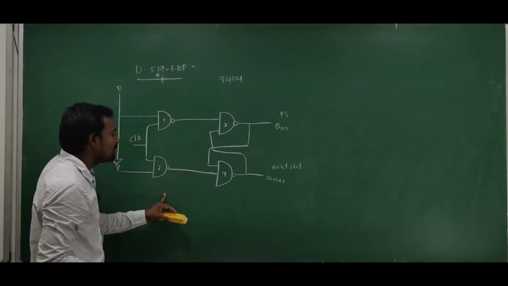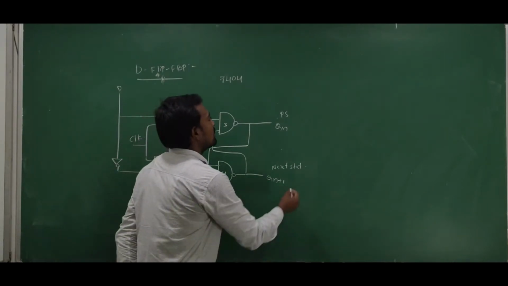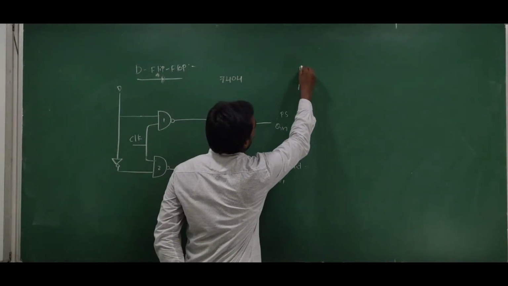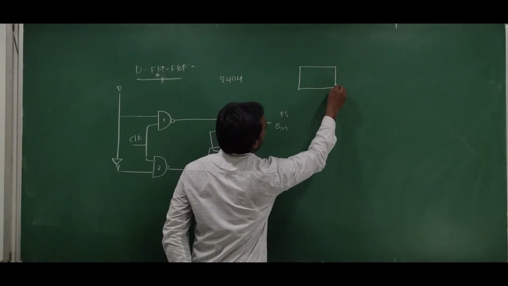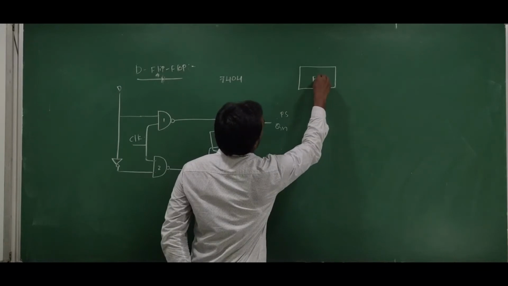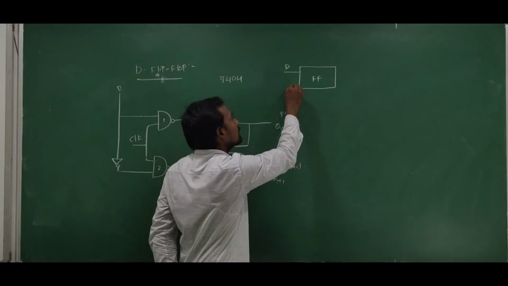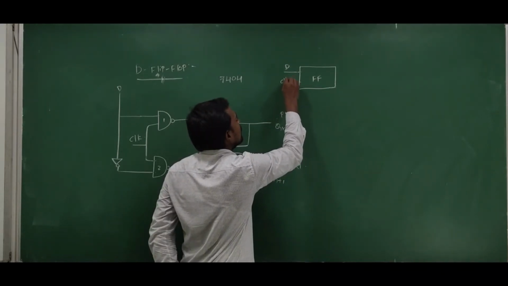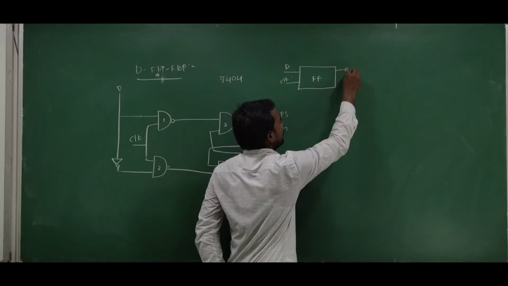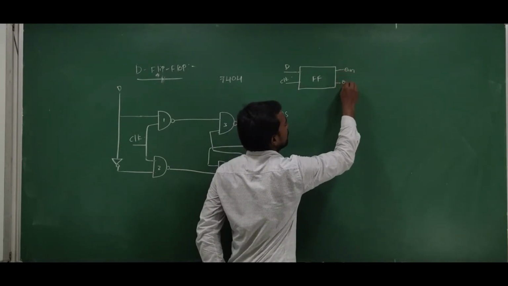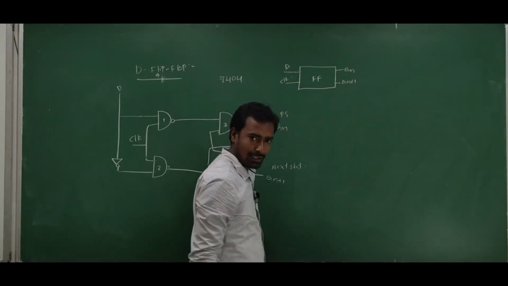So this is the logic circuit of the D flip-flop, and the basic block diagram of D flip-flop is, this is the flip-flop, and here I am giving the D input and clock signal input, and the outputs are like Qn and Qn plus 1. That is present state output and next state output.